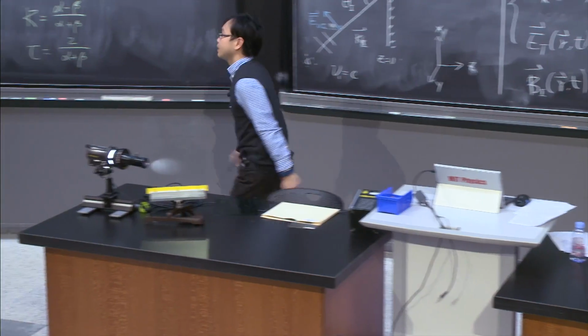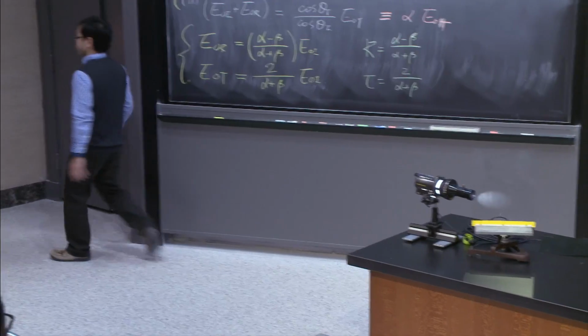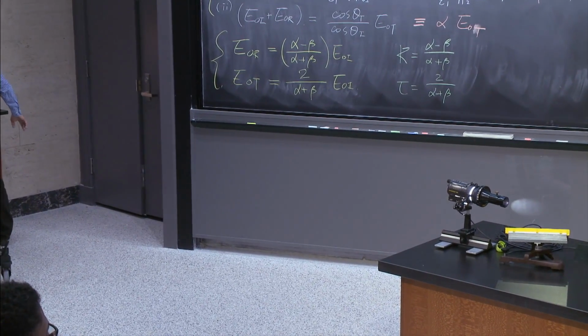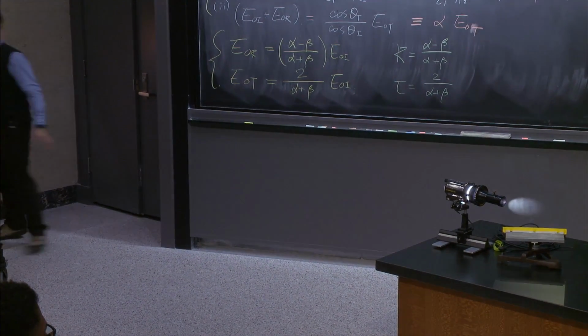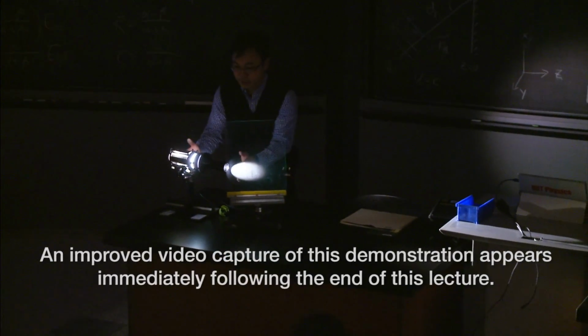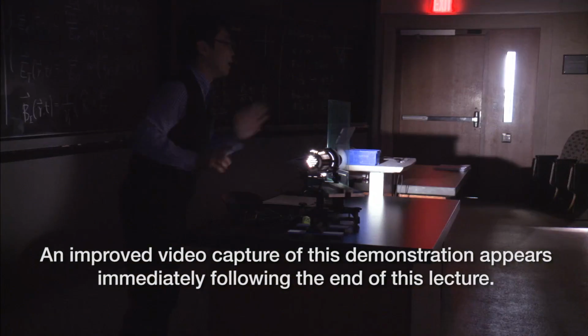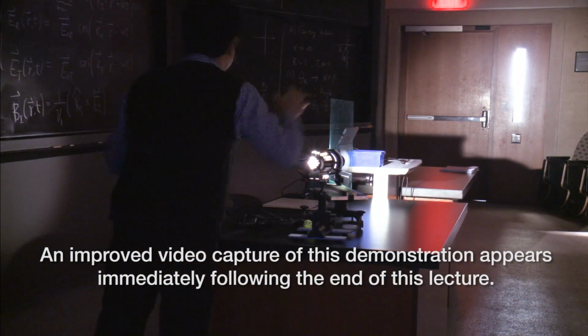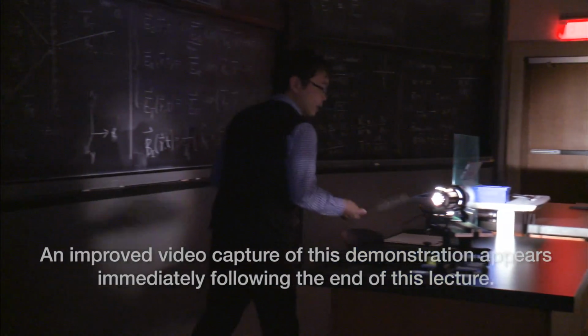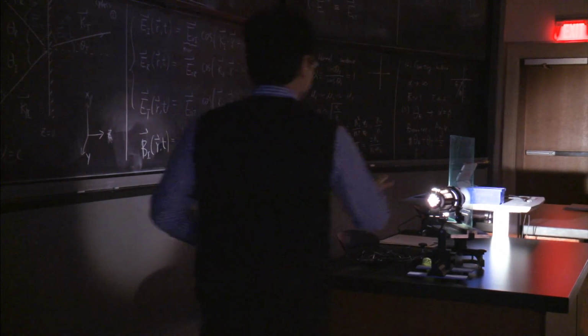Okay, so we are almost there. So now I need to turn off the light and hide the image. You can see that there is a setup here where I produce unpolarized light, and there's a glass here which reflects the unpolarized light.